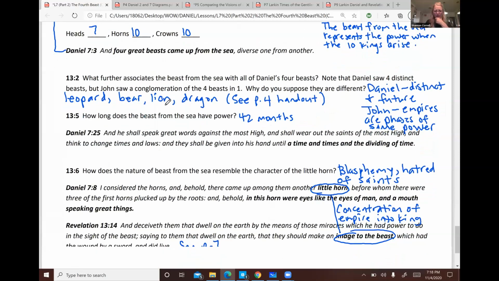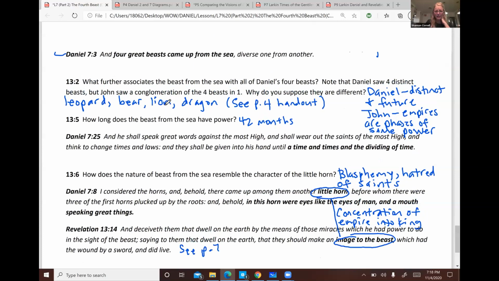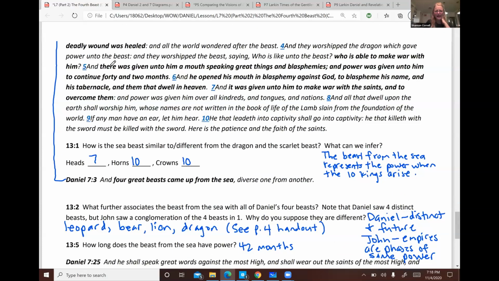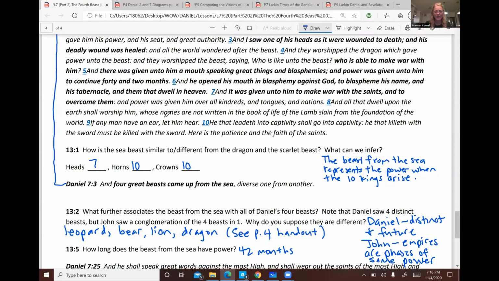of the empire. Now, we are told in Revelation 13:5 up here, there was given unto him a mouth speaking great things and blasphemies. Now remember, the little horn had eyes like the eyes of a man and a mouth speaking great things. And here the beast of Revelation 13 is speaking blasphemy. Power was given unto him to continue 42 months.